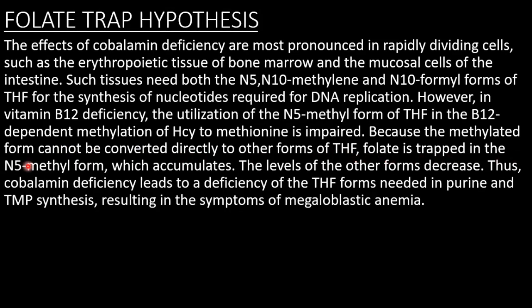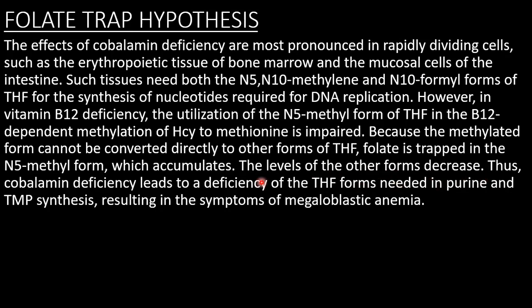Folate is trapped in this form and accumulates. So the N5-methyl tetrahydrofolate will be very high, but this leads to deficiency of the other forms, the N5,N10-methylene tetrahydrofolate and the N10-formyl tetrahydrofolate. They will be very low.